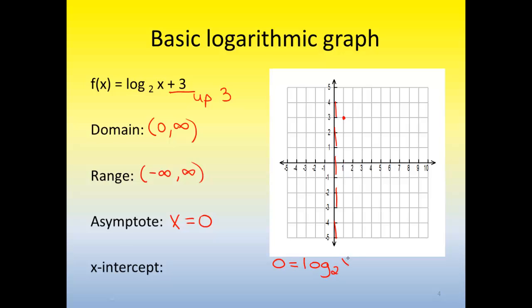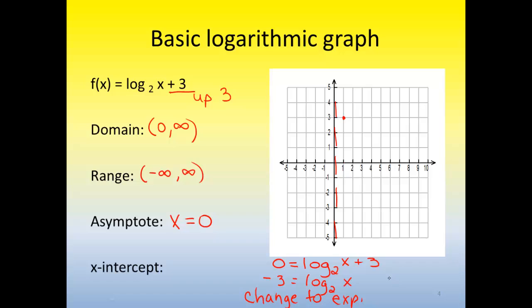So if I set this equation to 0 and I attempt to solve, I have negative 3 equals log base 2 of x. Right now, the only way we know how to evaluate this is to change this to an exponent.